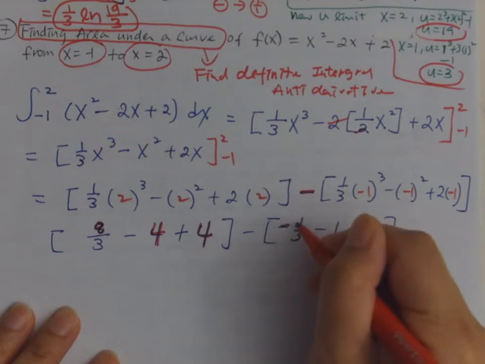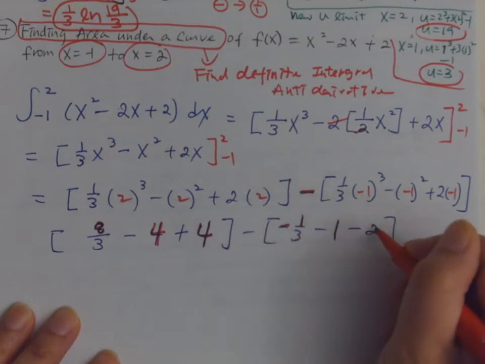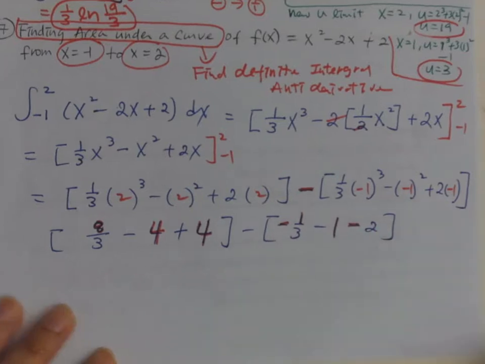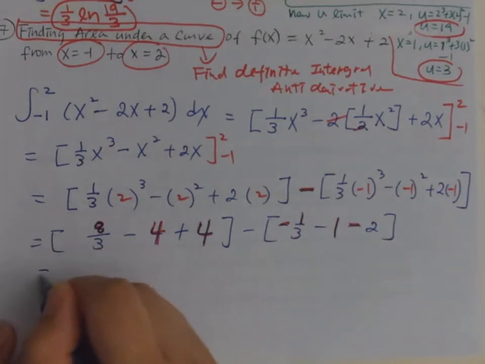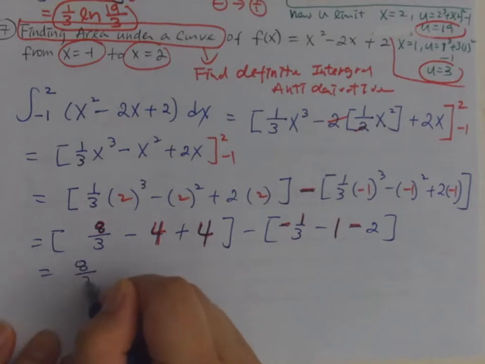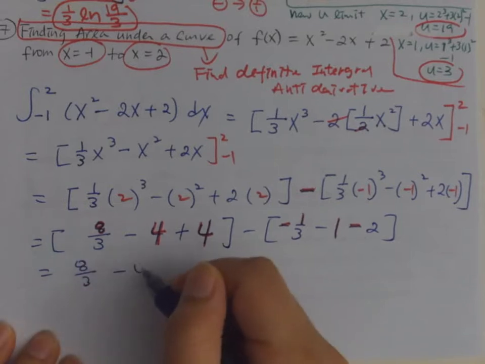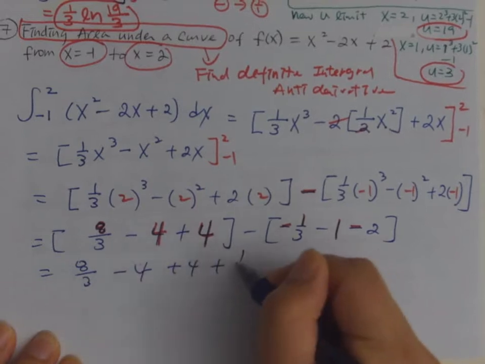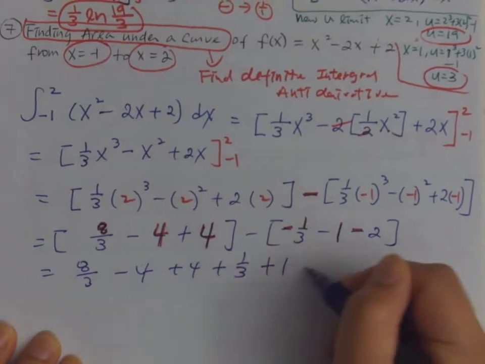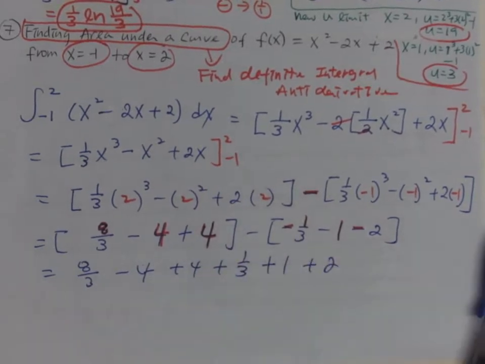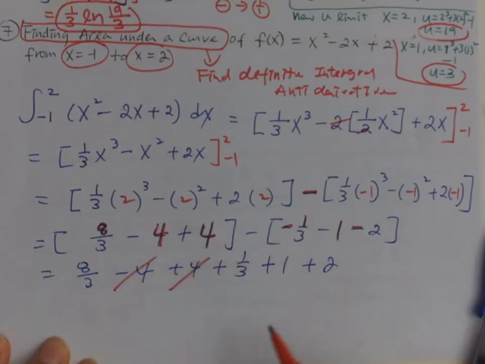This would be the -1 from there, and the 1 and the minus 2. Okay. Alright, so let's see. I can get rid of the parentheses. Okay, now this is gone.